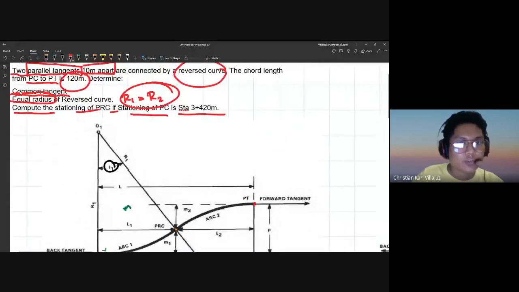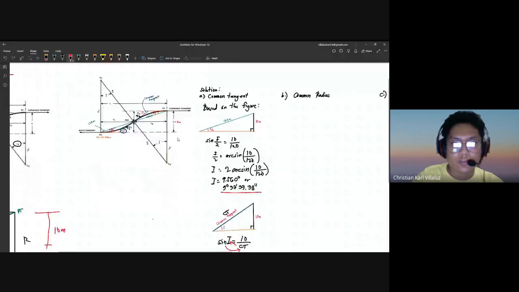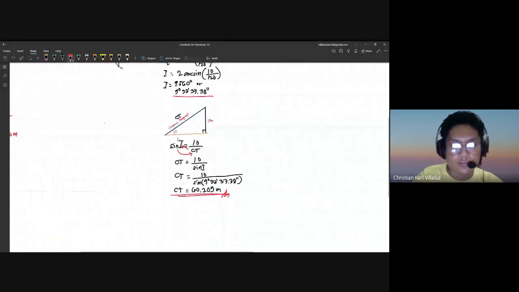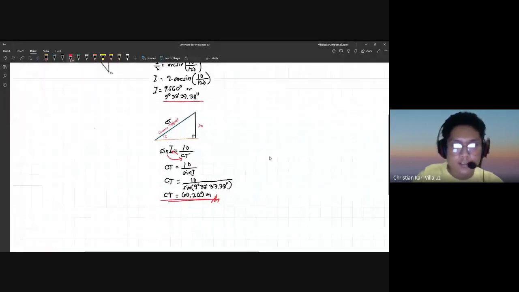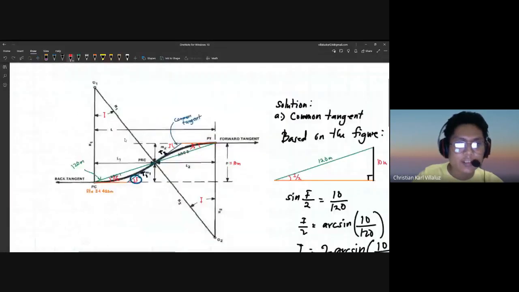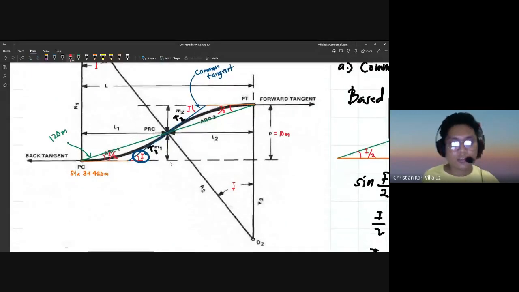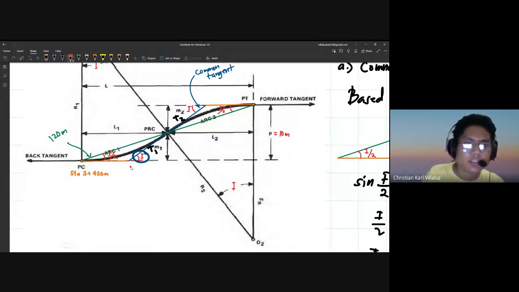Equal radius of the reverse curve. So what is the equal radius of the reverse curve? Since we already have the common tangent at parehas lang naman yung kanilang radius, so ibig sabihin, kung parehas yung radius niya at parehas yung kanilang angle of intersection, edi yung kanilang tangents ay the same.